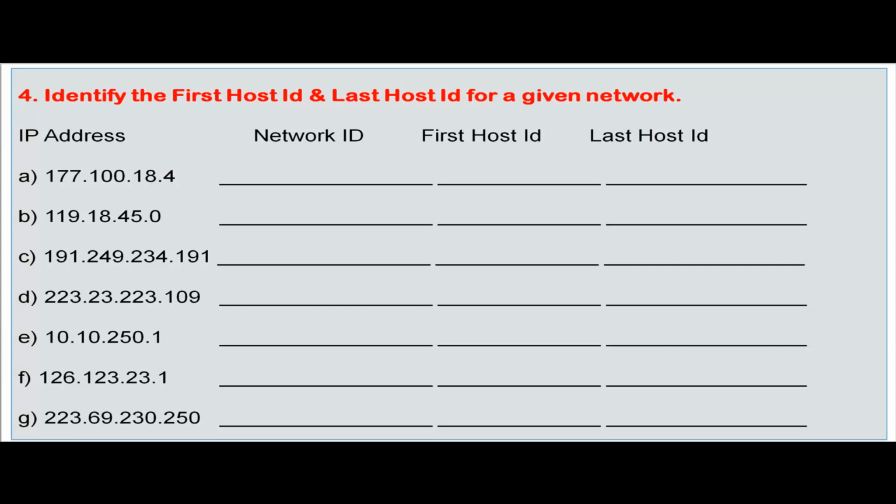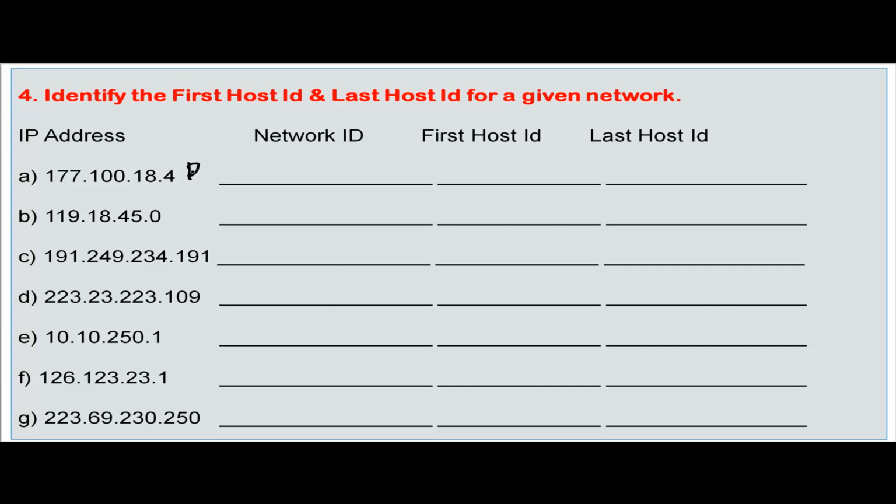First problem, 177.100.18.4. This is the IP address given to us, and we have to identify the network ID. The first step is to identify the class. 177 means it is going to be a class B IP address.